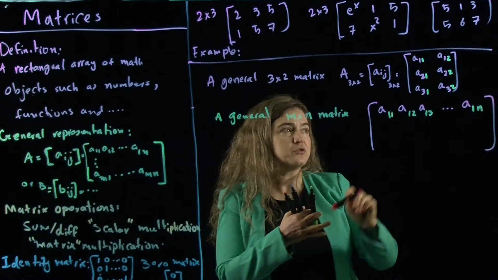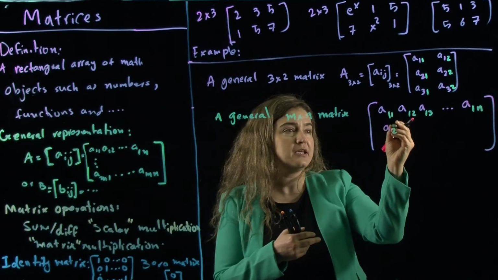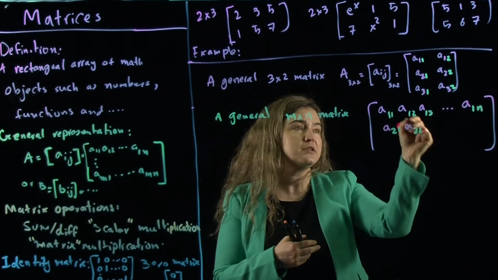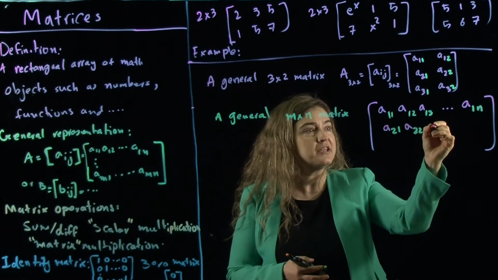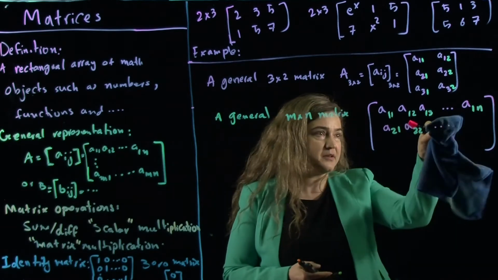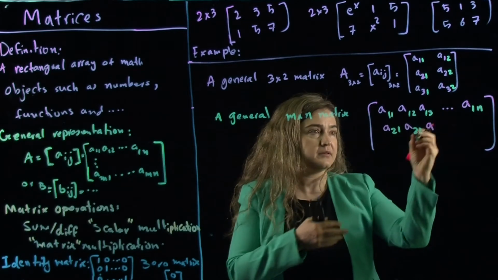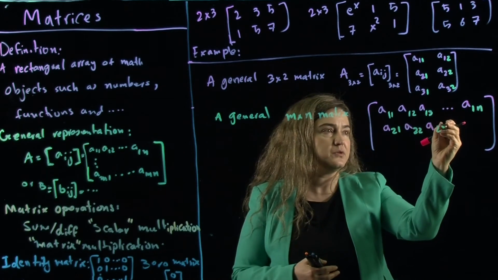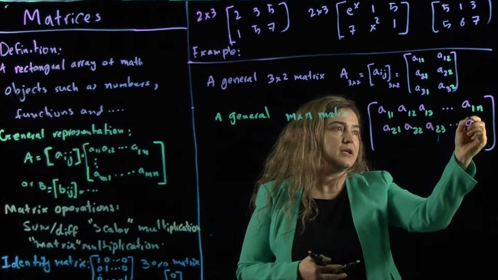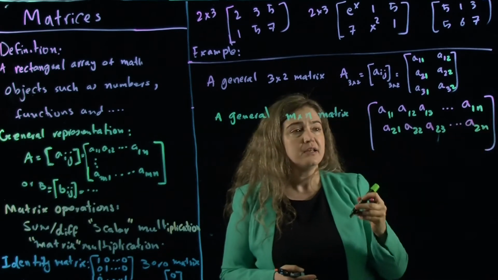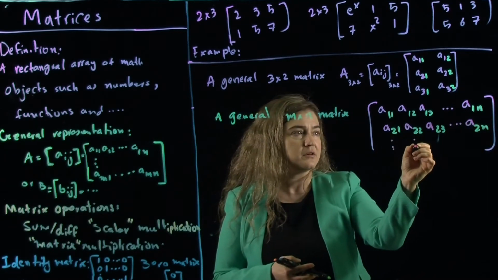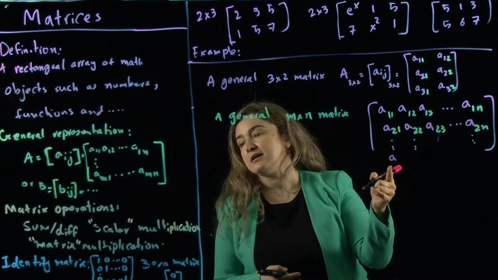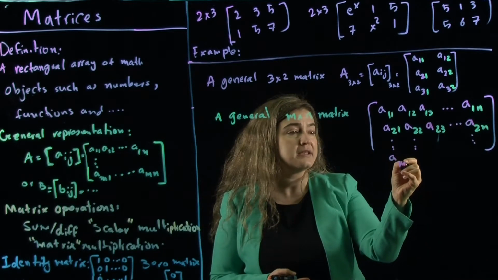And then again, when you're going downward, you know that there's A21 underneath A11, and also A22 underneath. And then you kind of get tired of writing it up. So you write 2, 3, and then you end up with 2n. And also this way. And I know the last row is the mth row.